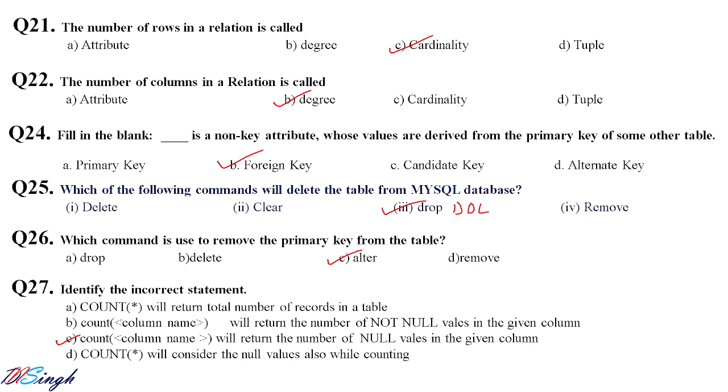The last one is count star will consider the null values also while counting. Yes, this is also correct. So this C option is wrong, because when you apply count on a particular column, it is going to ignore the null values. But if you apply count on star, meaning all the columns of the table, it is not going to ignore the null values.